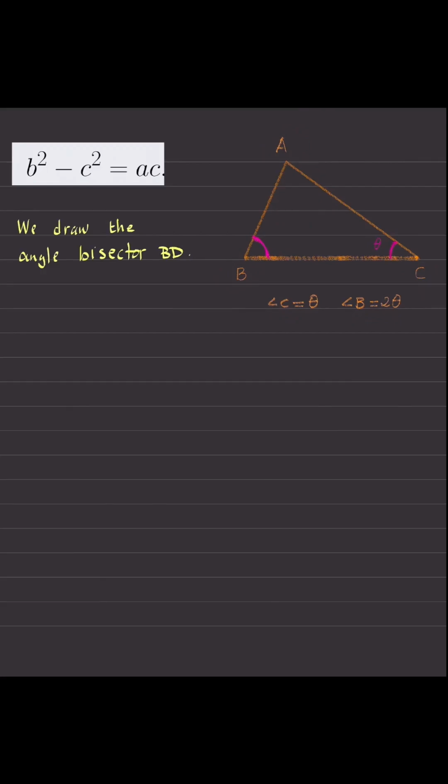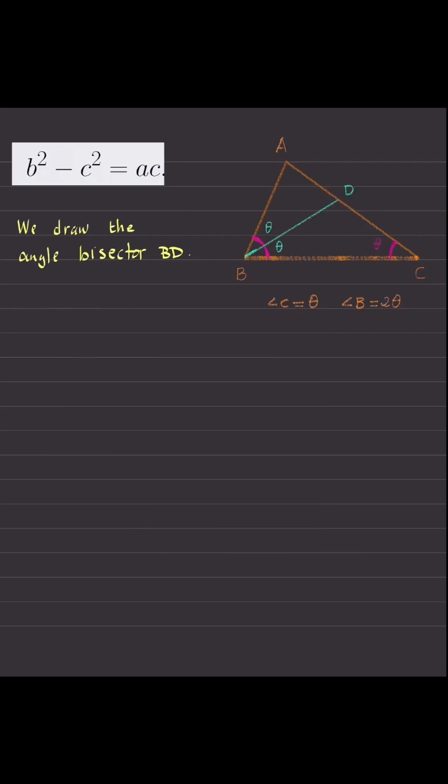It's a line segment that divides the angle B into two equal pieces, and I call this BD. For simplicity, let us write theta here and theta here, because the total angle was 2 theta, and when I draw the angle bisector, each part becomes theta.